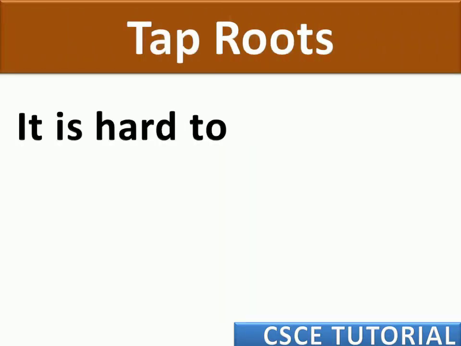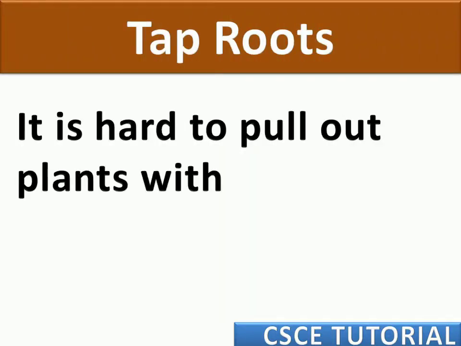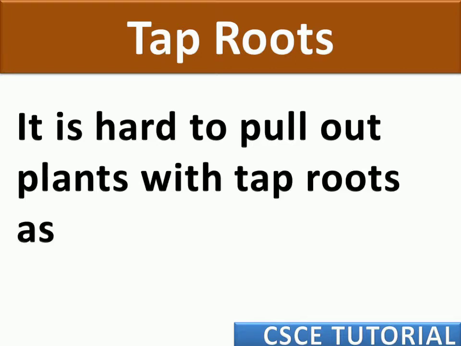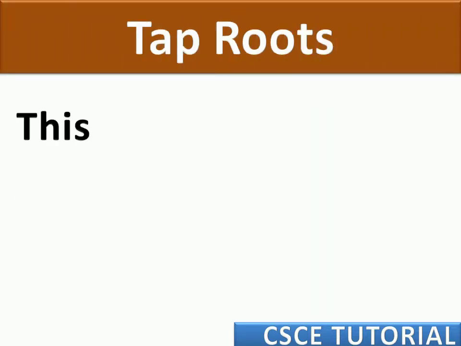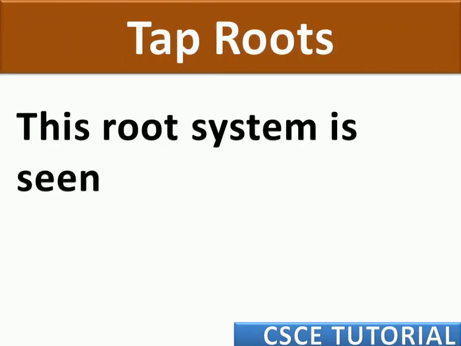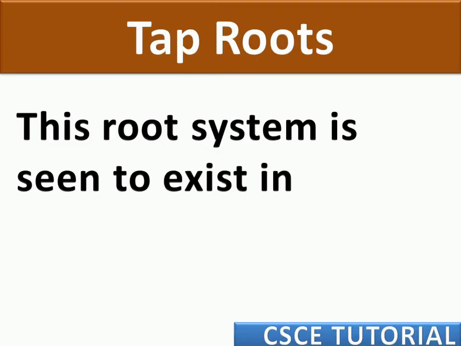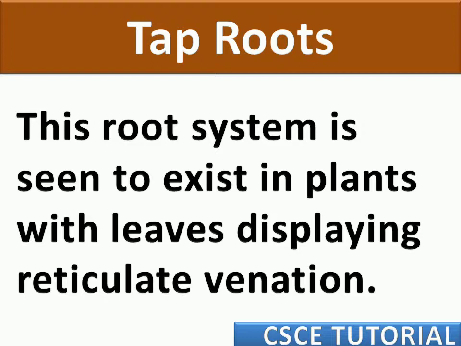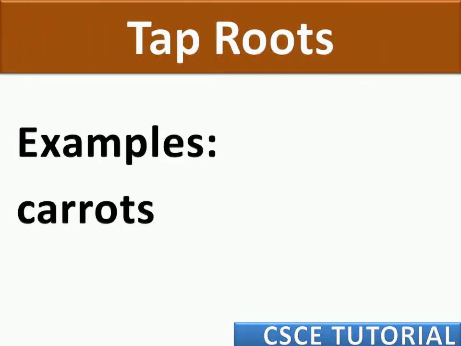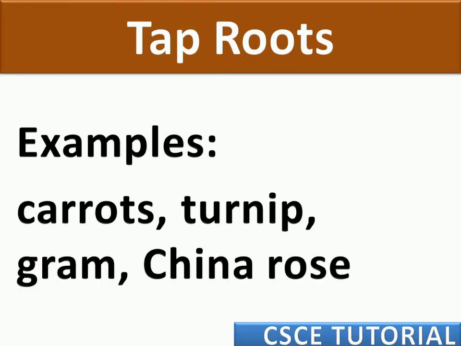It is hard to pull out plants with tap roots as these roots go deep within the soil. This root system is seen in plants with leaves displaying reticulate venation. Examples: carrots, turnip, gram, China rose, etc.